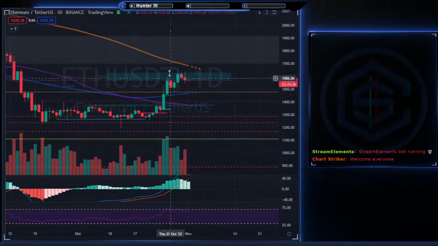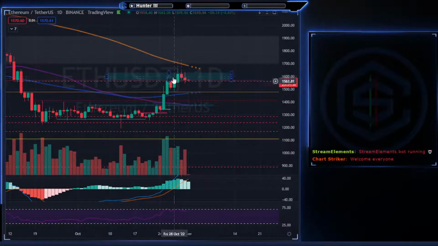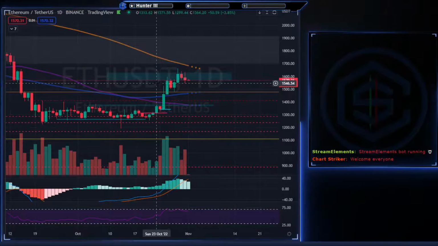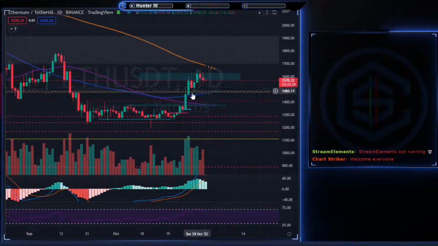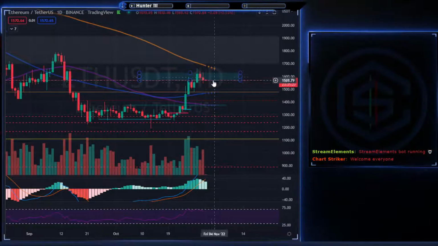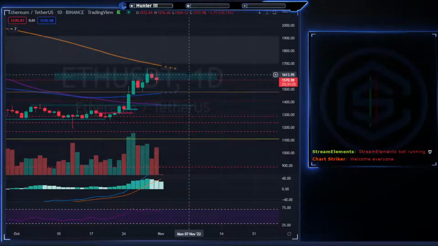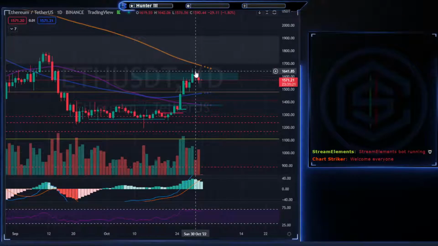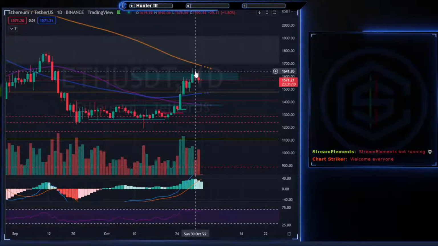And we did hit our first, sorry, this is the second resistance point or second profit taking levels, whichever you guys like to call it. So we did hit it. And now we have clear resistance around $1,650. Okay?